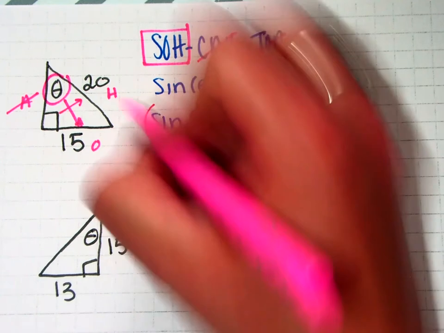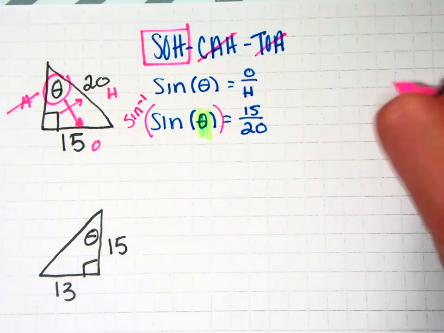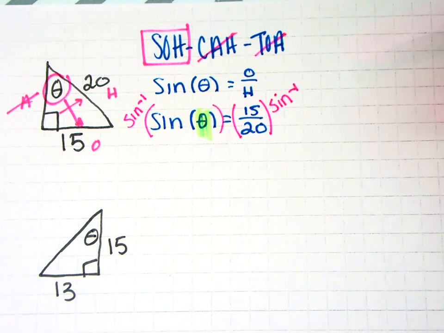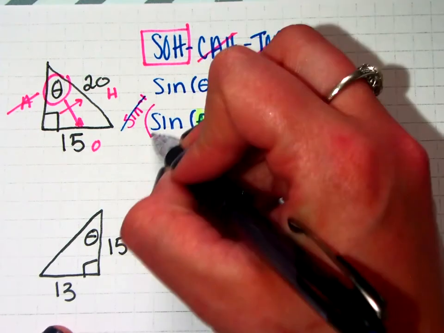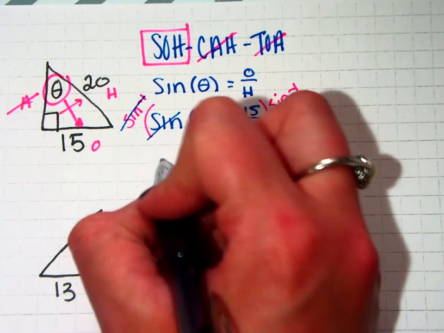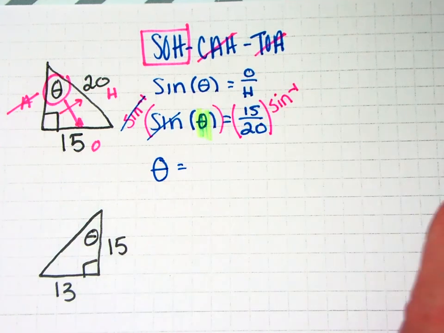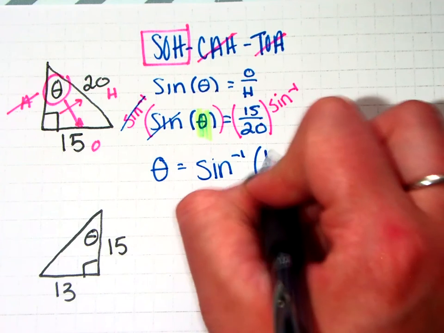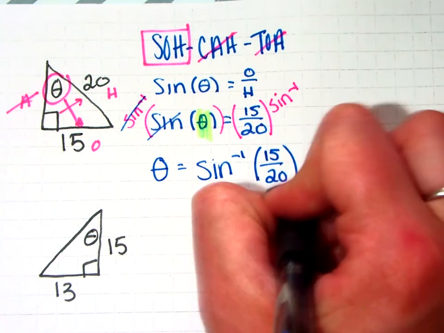So I'm going to multiply the left by sine to the -1, and multiply the right by sine to the -1. What that does is it allows sine to the -1 and sine to cancel, freeing theta. And then I'm going to write my sine to the -1, parenthesis, 15 over 20.